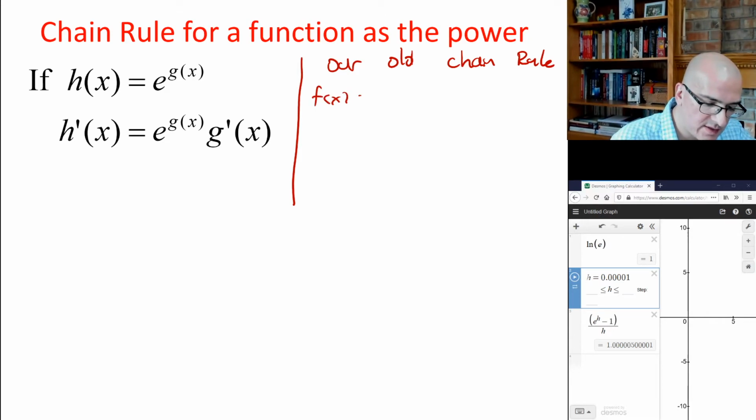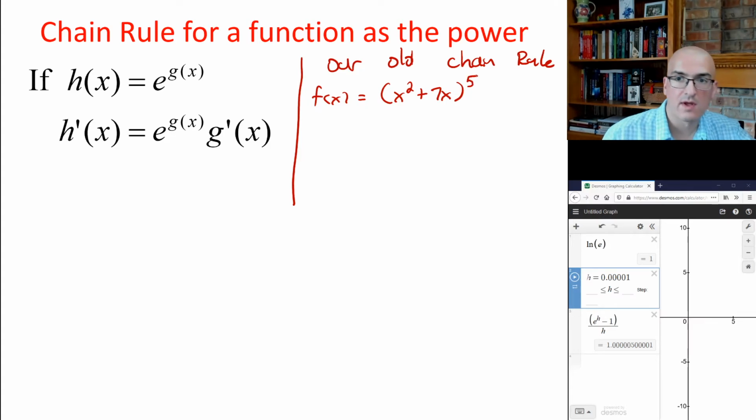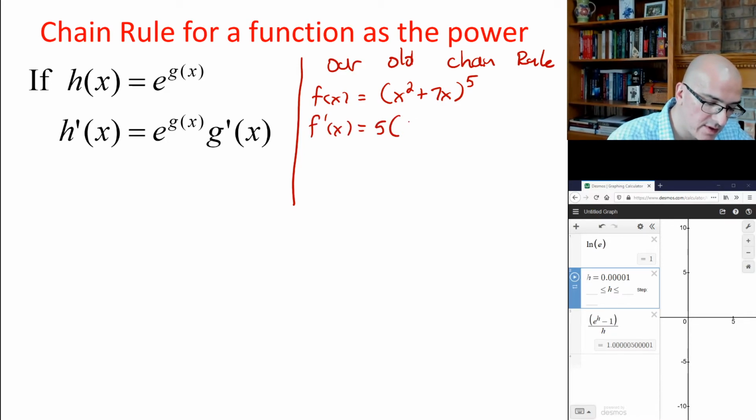Say f of x is x squared plus 7x to the power of 5. Our old chain rule said when we take the derivative of such a function, the power comes down. We have the original function to one lower power, and then we have to multiply by the derivative of the inside. So the derivative of the inside is 2x plus 7.